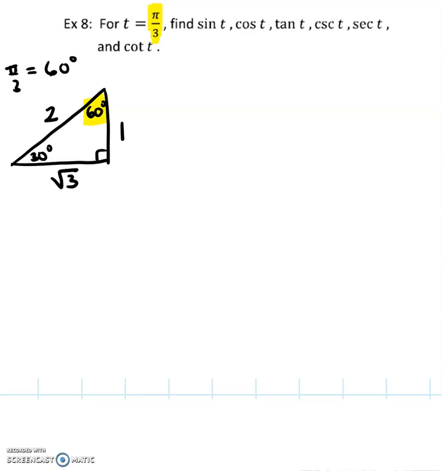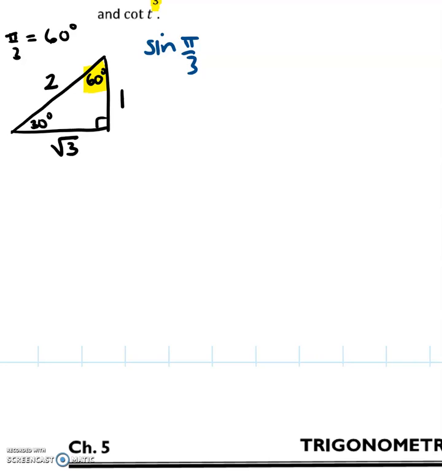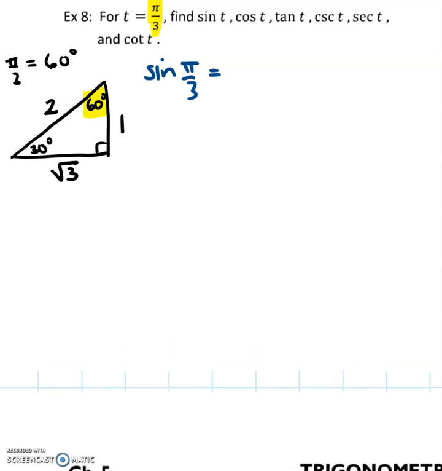If we'd like to calculate the sine of pi over 3, we recognize that that is the side opposite of pi over 3 over the hypotenuse. Remember pi over 3 is equal to 60 degrees. The side opposite is square root of 3, and the hypotenuse, the side opposite of the 90-degree angle, is 2. So now we have the sine of pi over 3.